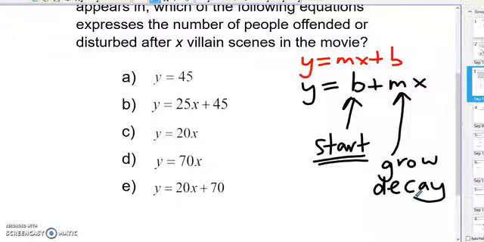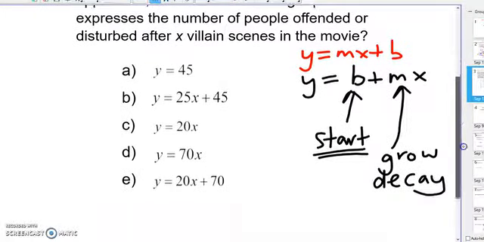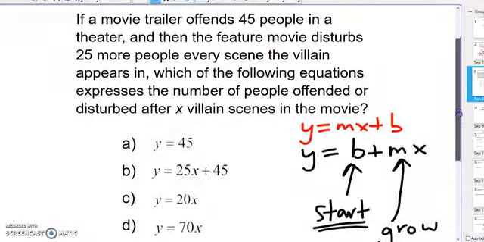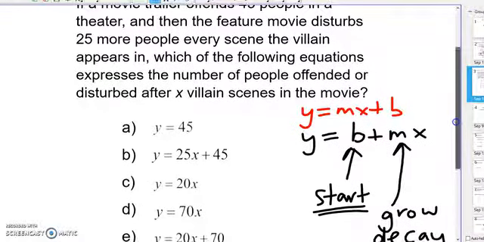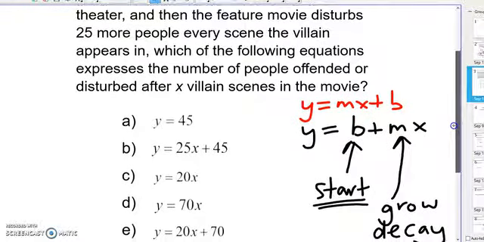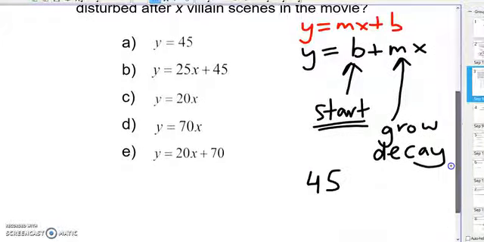So in this case, we have a movie trailer that offends 45 people in a theater, and then the feature movie disturbs 25 more people every scene the villain appears in. So what we have is a starting value of 45. That was the number of people offended right at the beginning. And then we have a constant growth rate of 25 people for every scene the villain appears in.